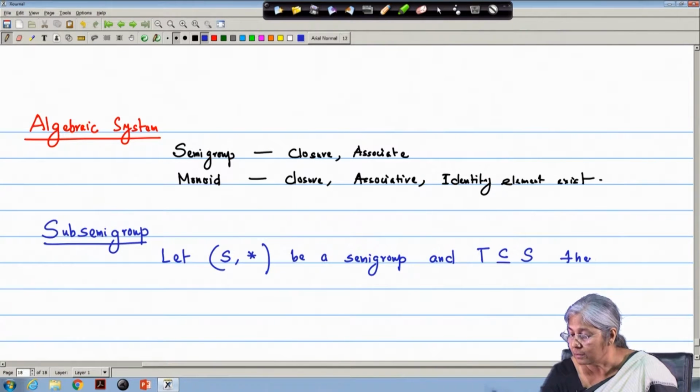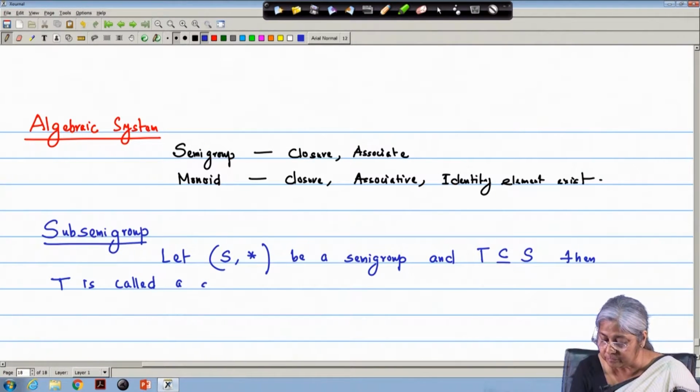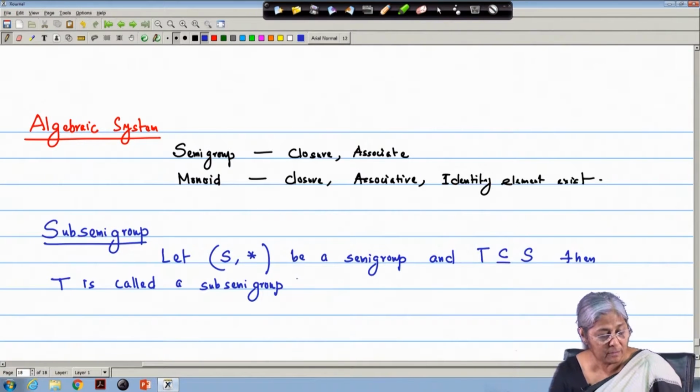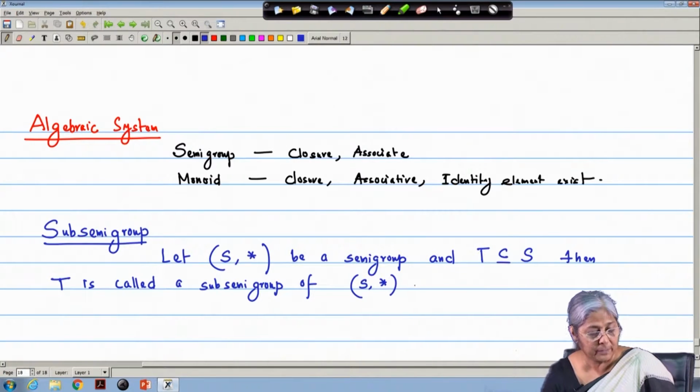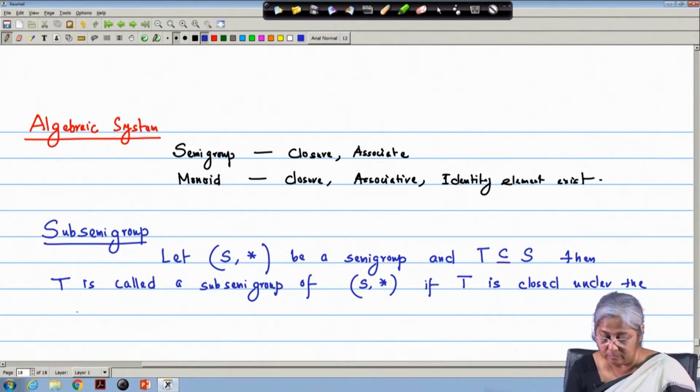Then T is called a sub semigroup of (S, star) if T is closed under the operation star.